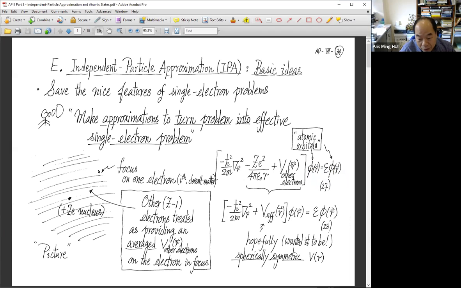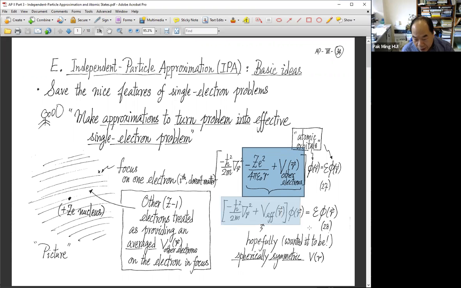So we have seen this. If we group these two terms together, then all of a sudden, it looks like we have an atomic problem with one electron in an effective potential, I should say effective potential energy function, that combines the nucleus effect and all the other electrons' effect, okay?